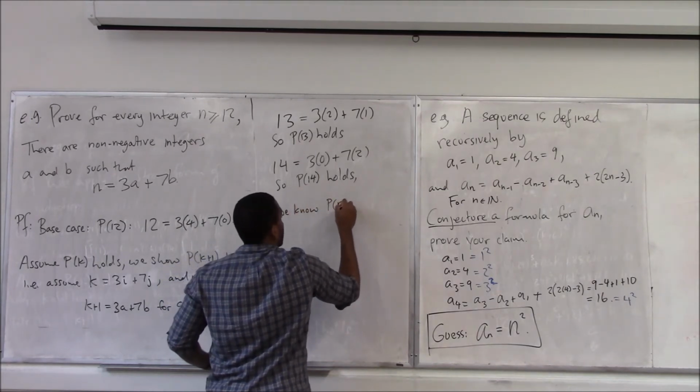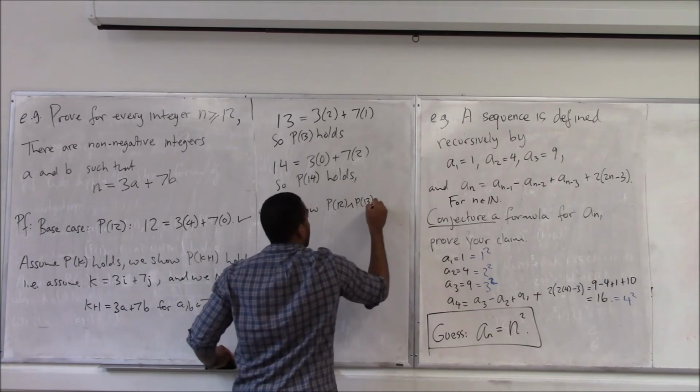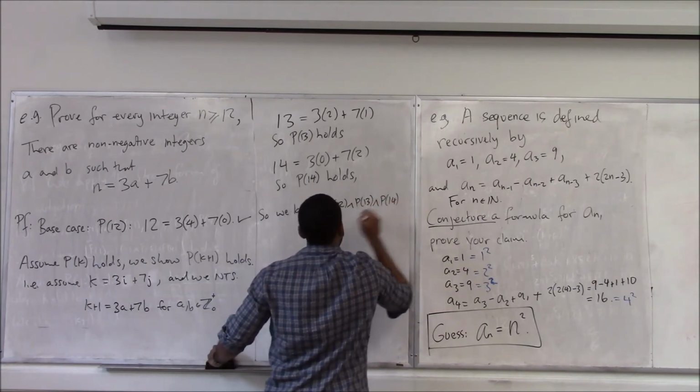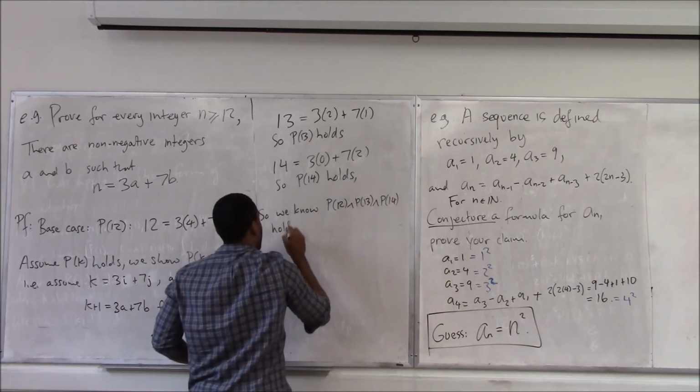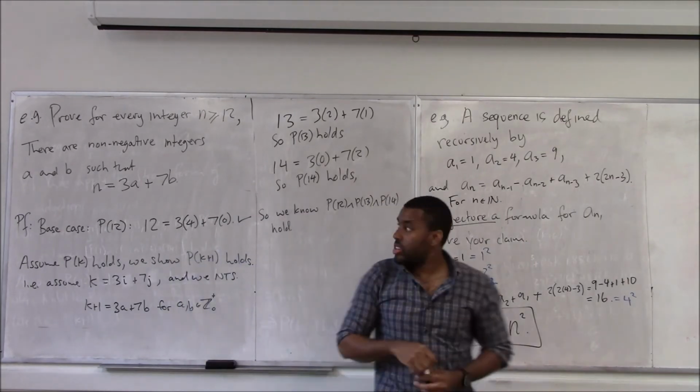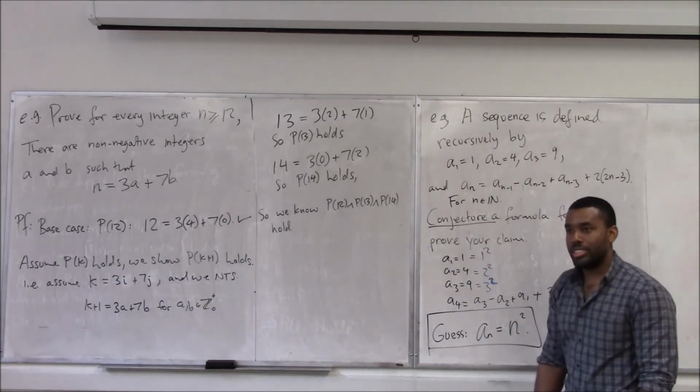So we have P of 12 and P of 13 and P of 14. So, by the way, why do you think I only verified 3 cases?